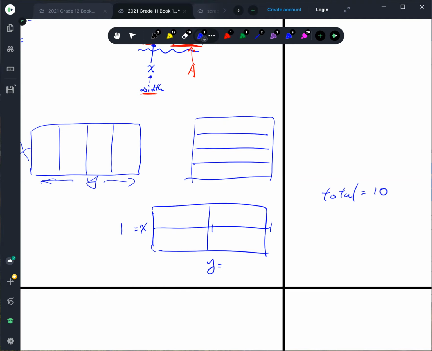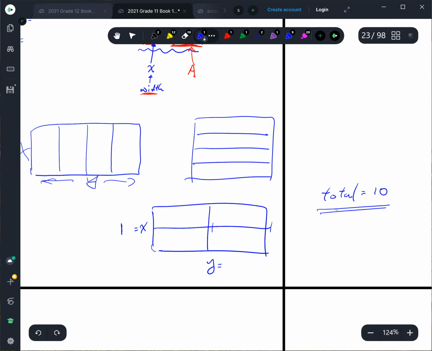Wait, so the Y of a part of this section? Yeah, one fence, the length. Y represents the length, right? Then what is 10 for? 10 is the total fence that you have, total material. The 10 includes all the lines, right? All the lines that you have, they are called a fence.